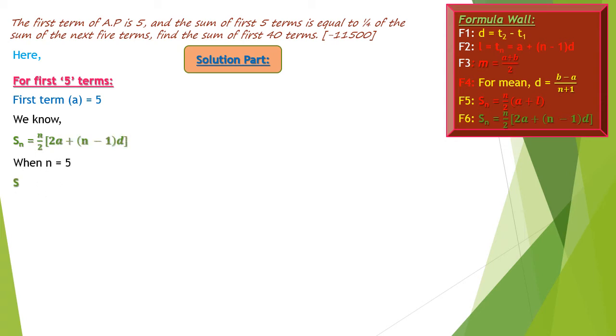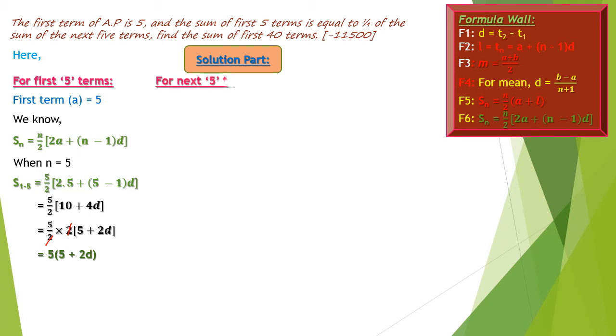When n is equal to 5, as 1 to 5, first 5 terms, S equals 5 by 2 bracket 2 into a, that is 5, plus n minus 1 d, that means 5 minus 1 d, that is 5 by 2 bracket 10 plus 4d. We can take common 2. After taking common, it will be 5 plus 2d. Now we can cancel 2 and 2. Now it will be 5 bracket 5 plus 2d. So the sum of the first 5 terms is 5 bracket 5 plus 2d.